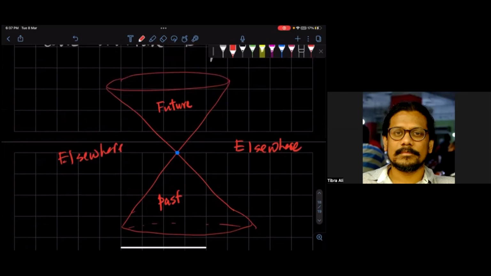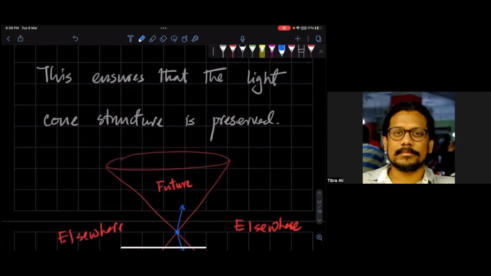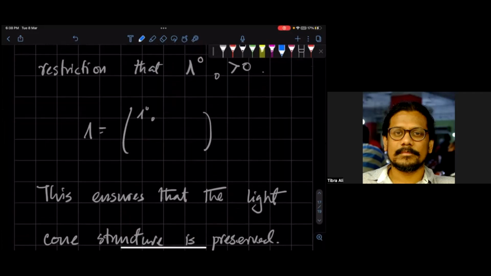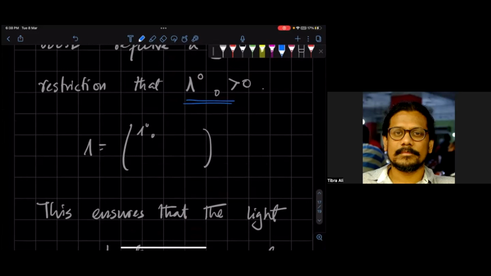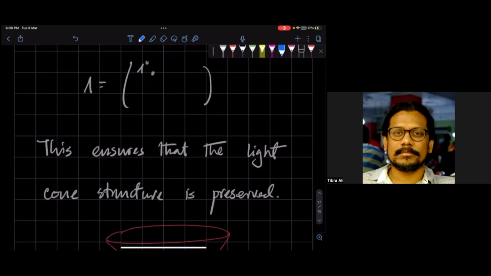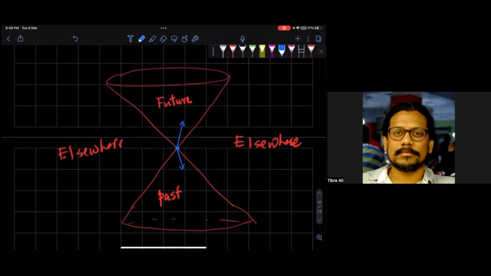Future pointing vectors are of this form, and past pointing vectors are of this form. These are 4 vectors. And the Lorentz transformations which have lambda 0,0 positive ensure that the transformation does not transform a future pointing vector to a past pointing vector, and vice versa. It preserves the causal structure.